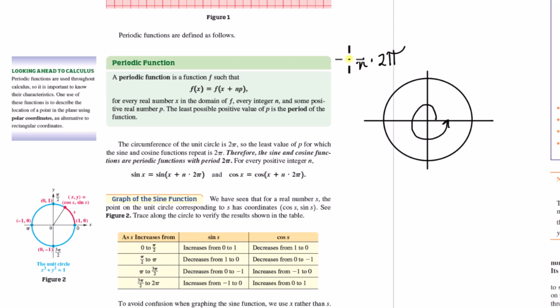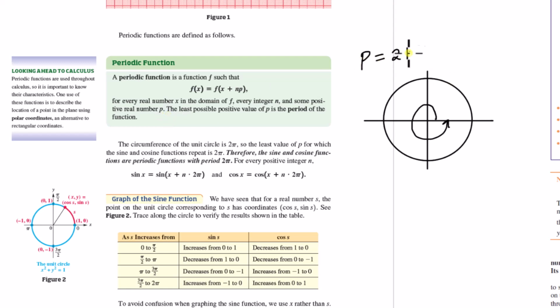Any positive or negative integer times 2 pi, well, no, that's not right. I'm sorry. If we go by this definition, the period p is a positive number, and it's the smallest possible value that encloses the repeating pattern. So the period is going to be 2 pi.